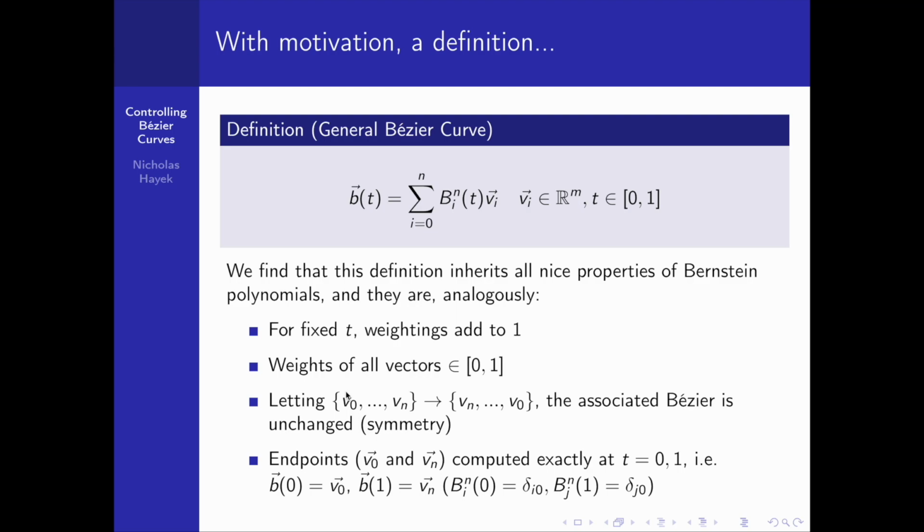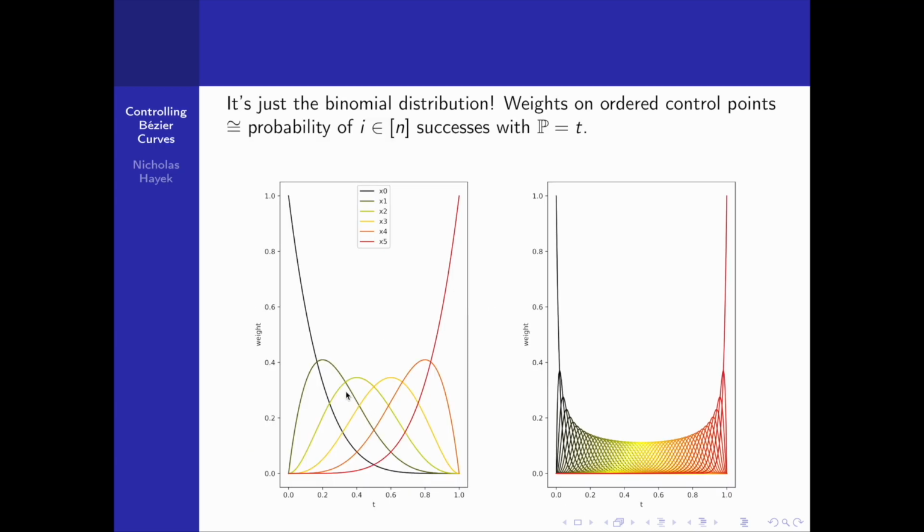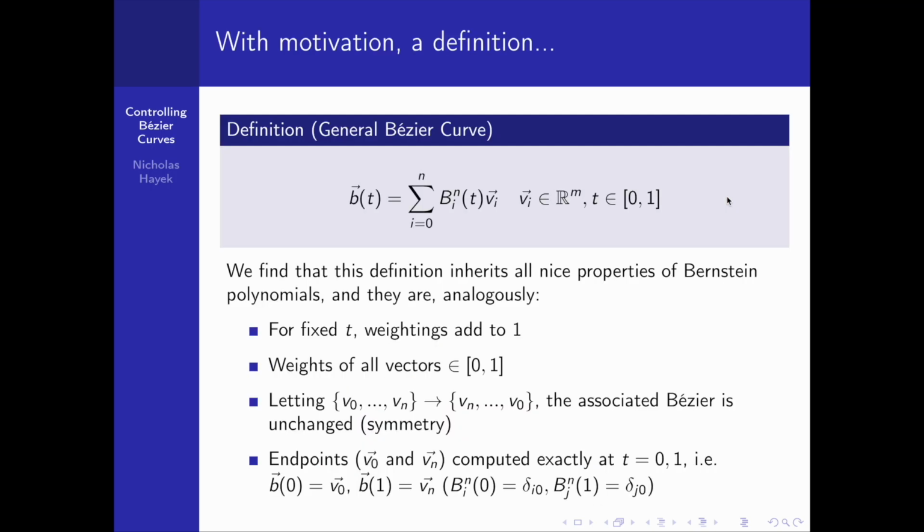And because the Bernstein polynomials are Kronecker deltas at 0 and 1, we're going to evaluate our endpoints exactly. Graphically, this is obvious because we see that we get full preference on this darkest curve and full preference on this reddest curve, which dictate v naught and vn when it comes to control points.